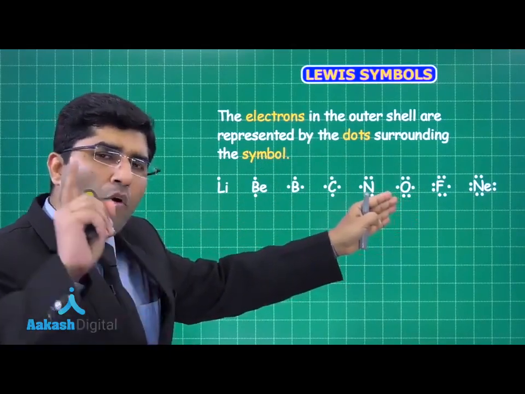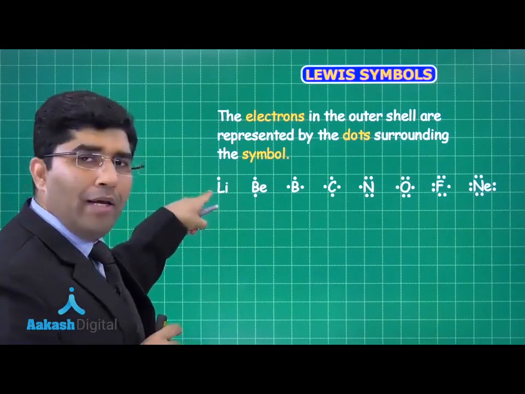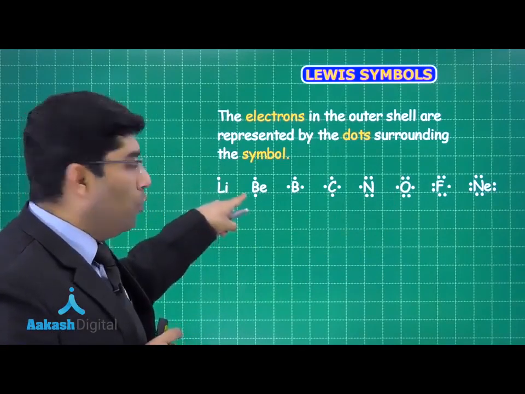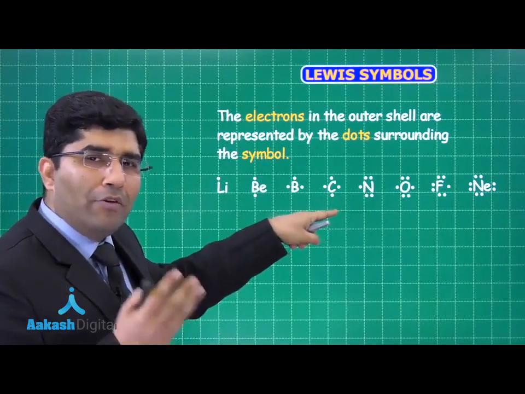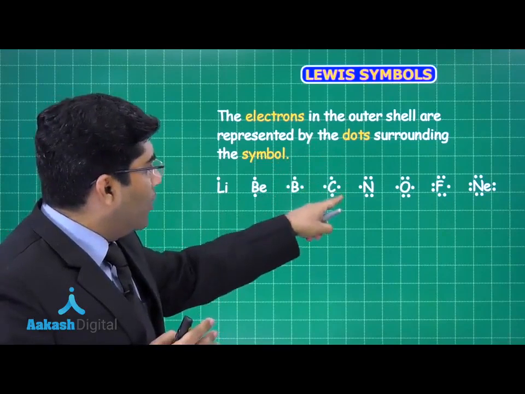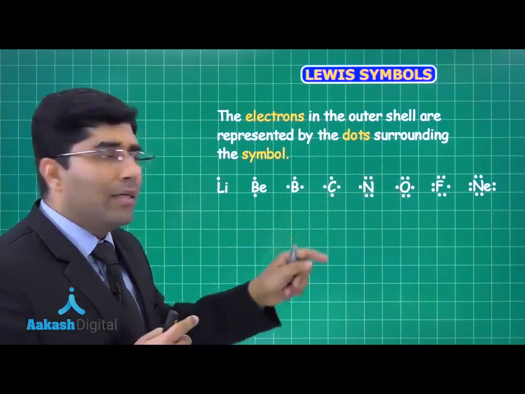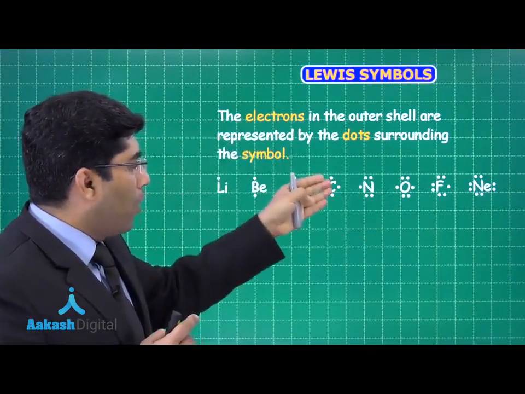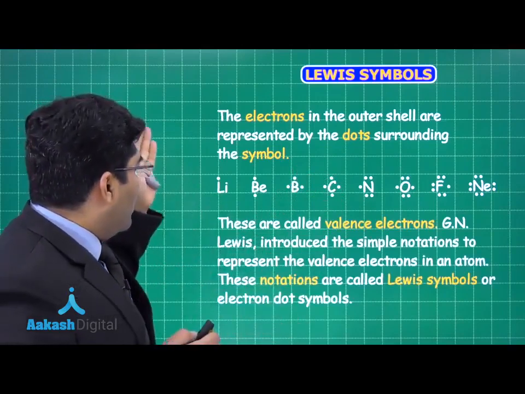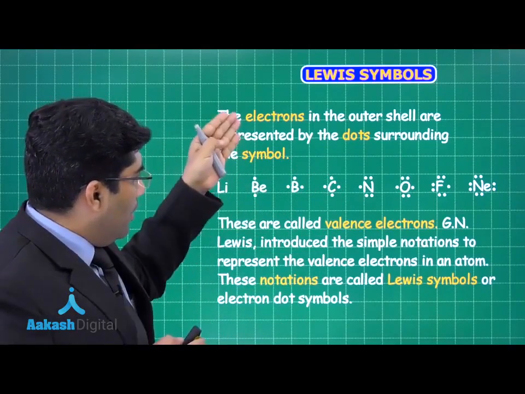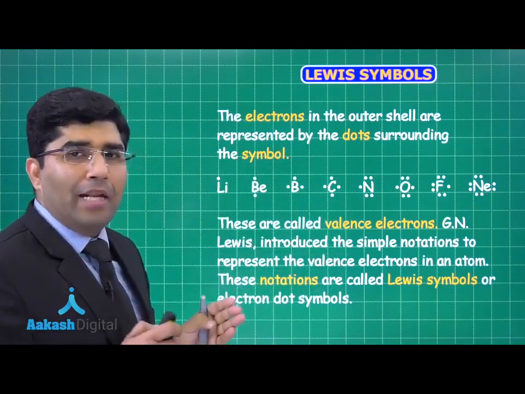Lithium has one valence electron, so you can see one dot over here. Beryllium has 2, boron has 3, carbon has 4 valence electrons, nitrogen 5, oxygen 6, fluorine 7, and neon has a complete octet. Right? The electrons outside, which are represented by dots, are called valence electrons.